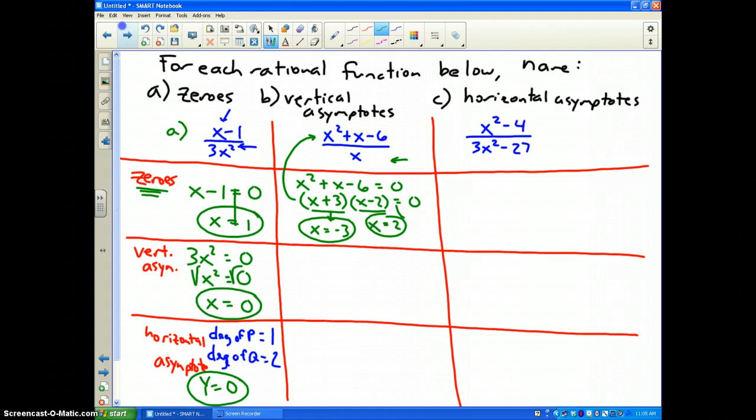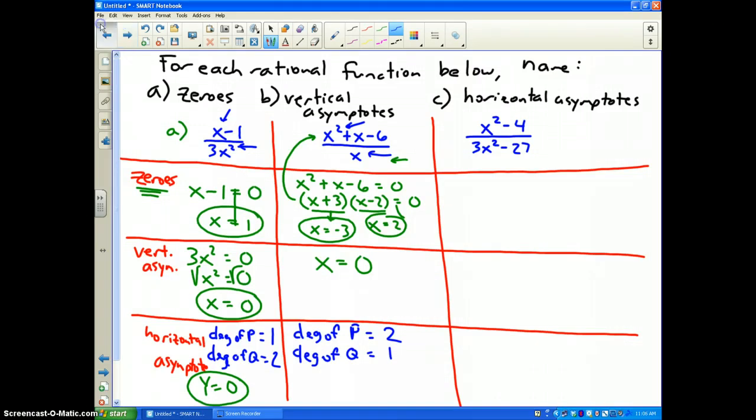The vertical asymptote, well, that's really simple. That's where the denominator is equal to 0. We don't have to do anything. X equals 0. That's where your vertical asymptote would be. Okay, now the horizontal. Let's talk about the degree of P, which is the numerator. The degree of P, the highest power, is 2. The degree of Q, which is the denominator, that power is 1.